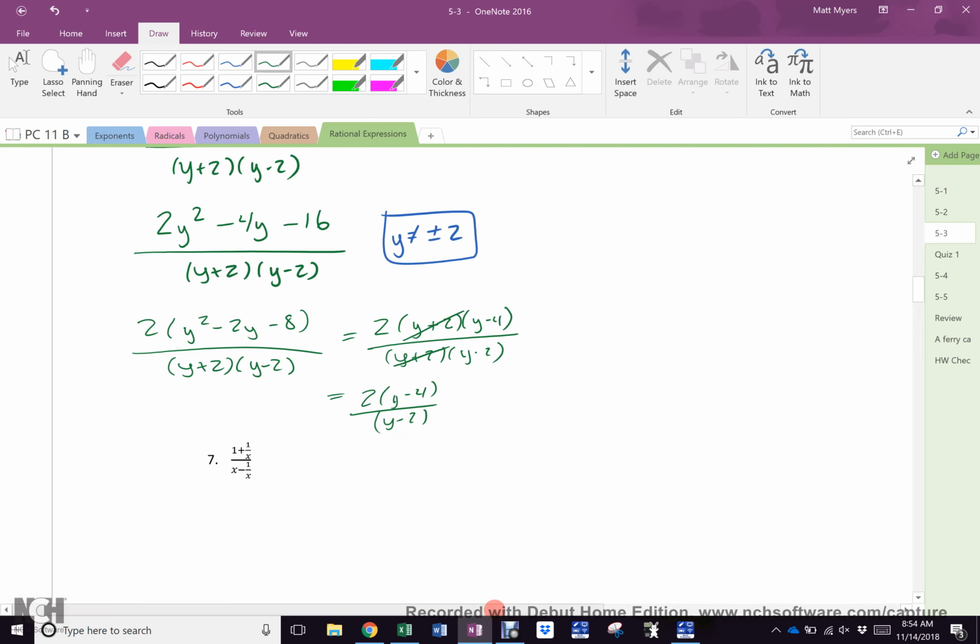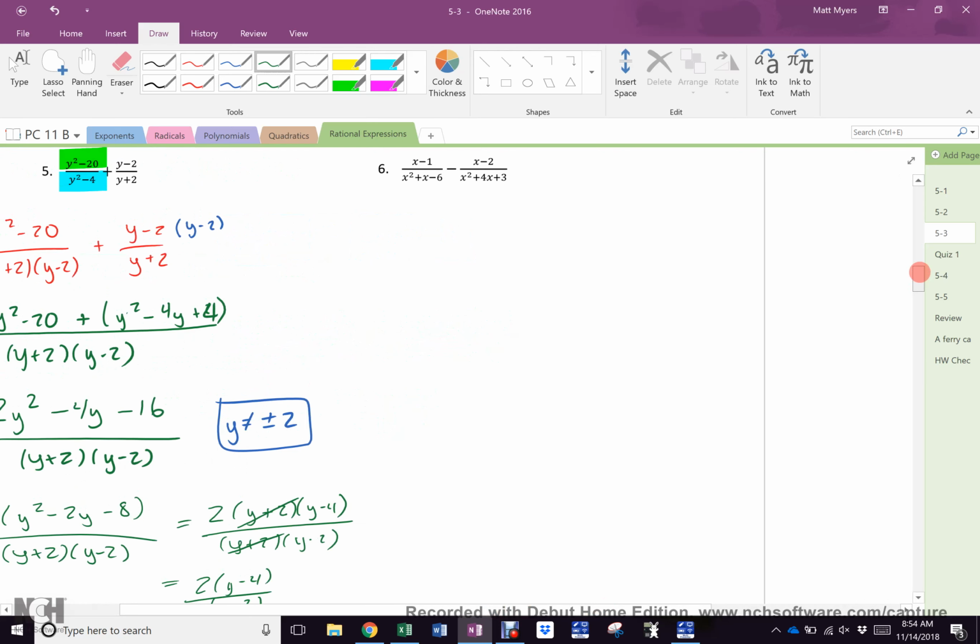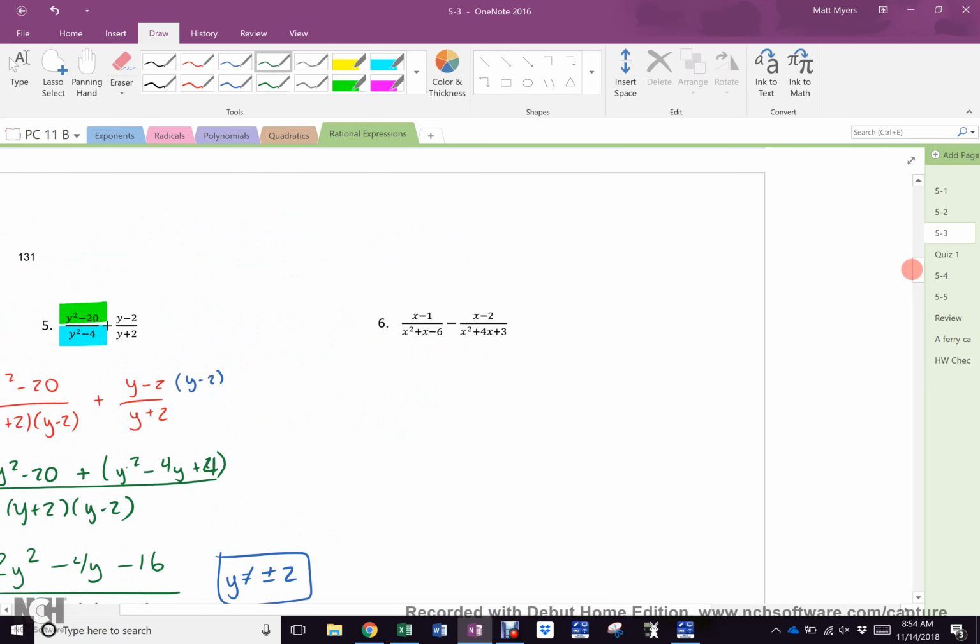All right, let's look at the next one. Number 7 is a butt kicker. We'll get to that in a minute. What am I going to do with 6? Factor it. Factor, factor, factor. Everywhere I can. What's the yellow guy factor to?